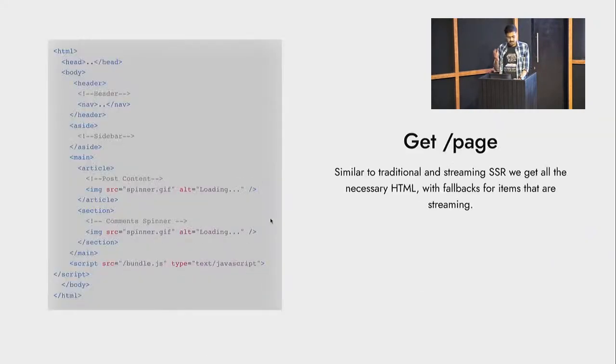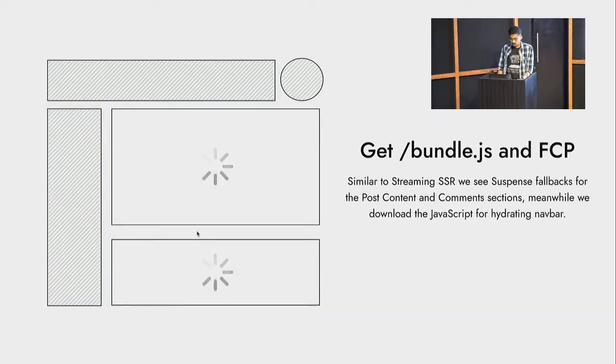So again, the HTML is streamed. This time we get a spinner for both the post content and the comments. The browser parses the HTML, and the user can see the navbar and the sidebar with the Suspense fallbacks, and once these are streamed, the user can start downloading the JavaScript for hydrating relevant client components.